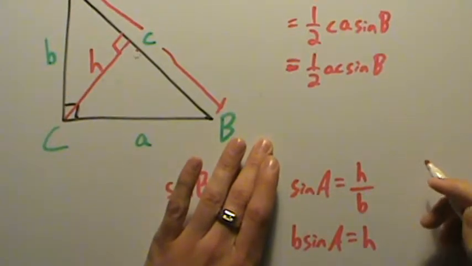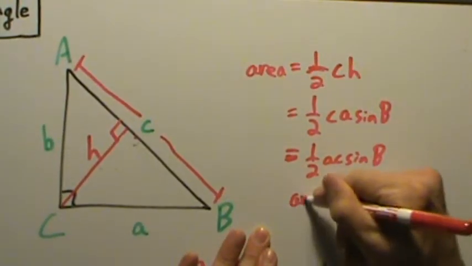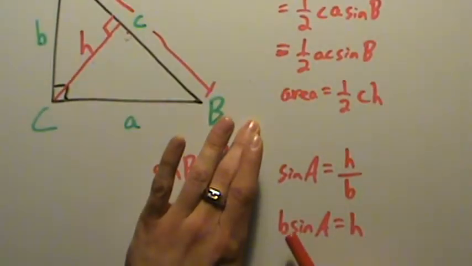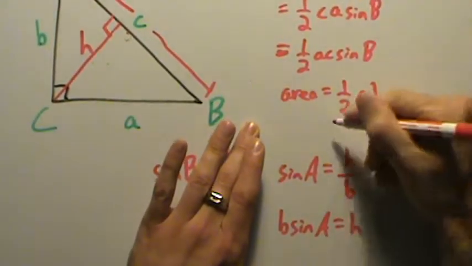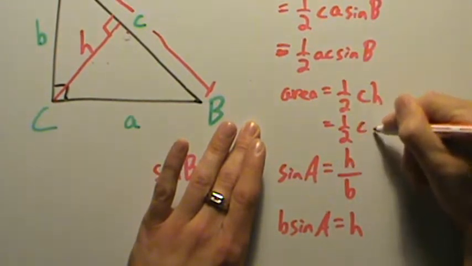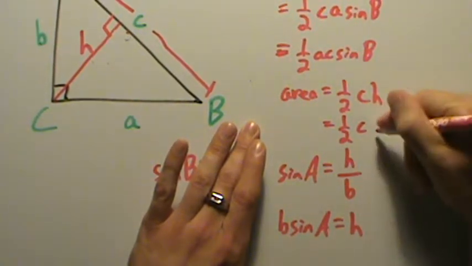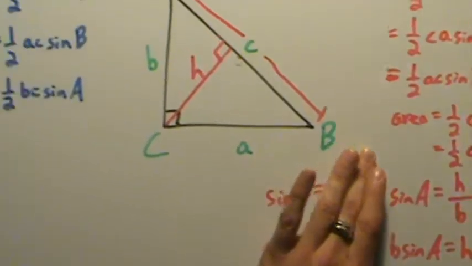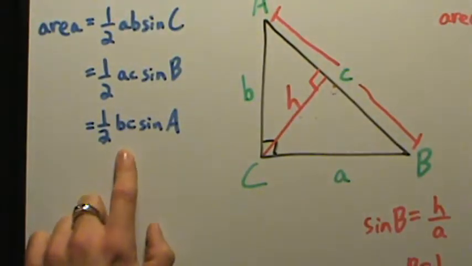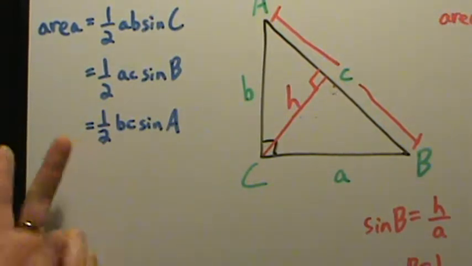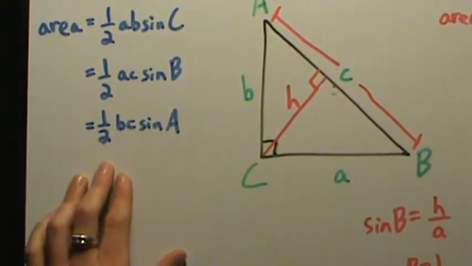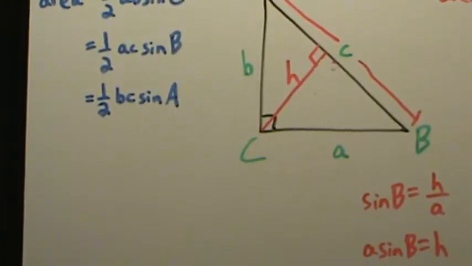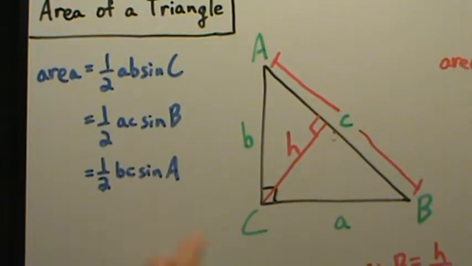Then we can go back up to area equals 1/2 ch and stick this in for h. So h is b sine A, and this becomes 1/2 cb sine A. Notice that is exactly this, except the b and c are switched, but again, two numbers, it does not matter what order you multiply them in. So this is 1/2 bc sine A. That establishes the third formula for right triangles.